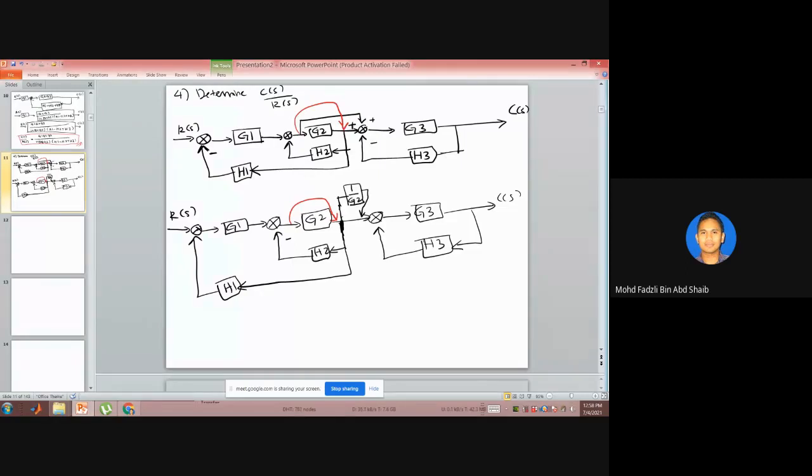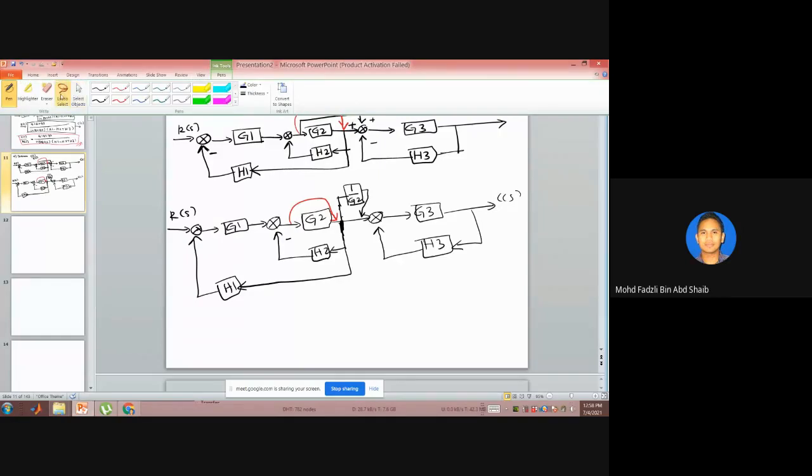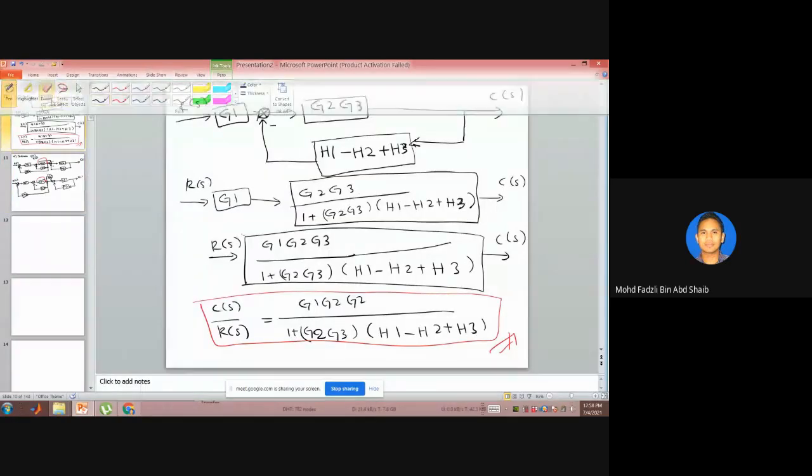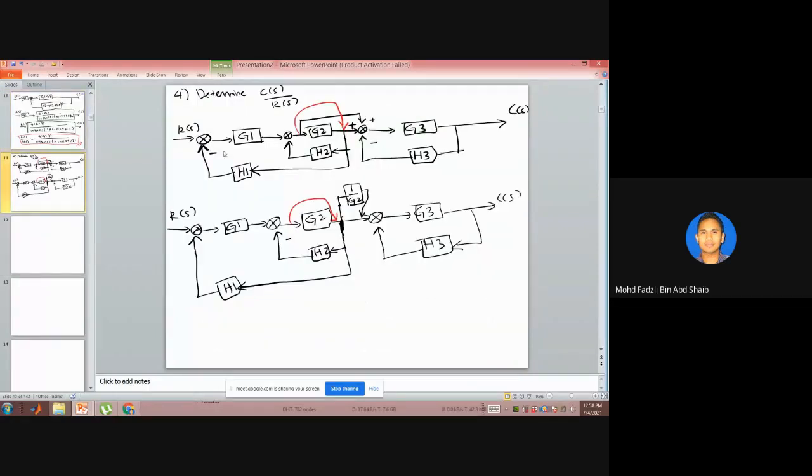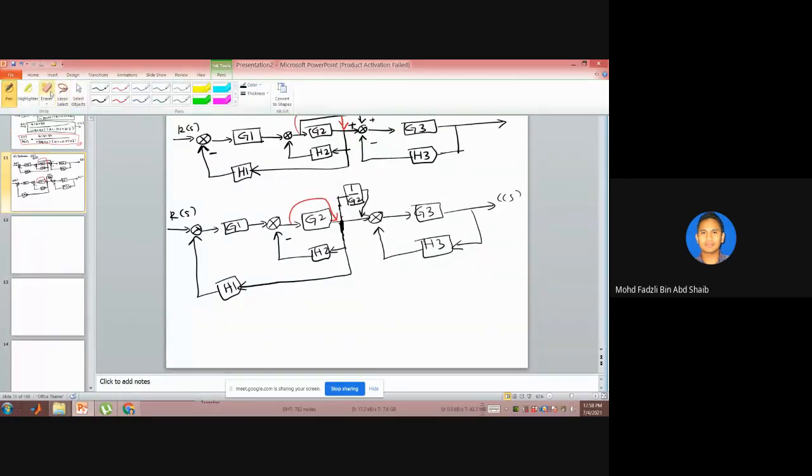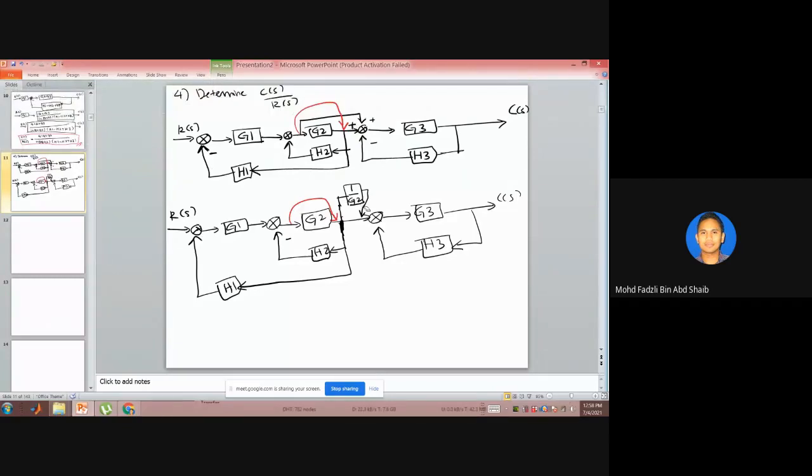Okay. 1 over G2 is still plus. This plus, right?